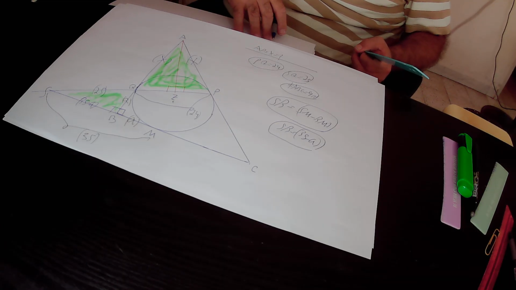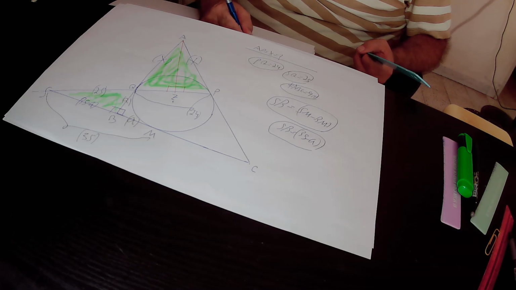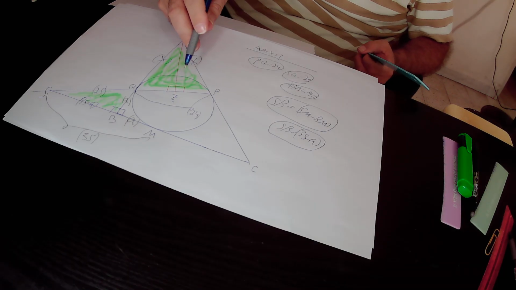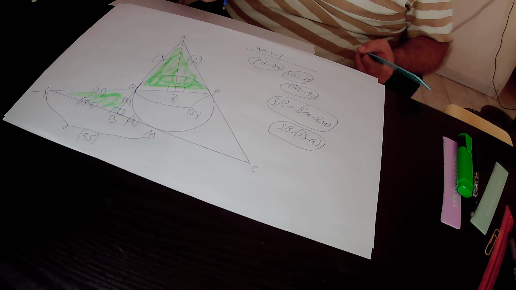The first half QZ is of course equal to the second half ZP, and each half equals QP over 2.